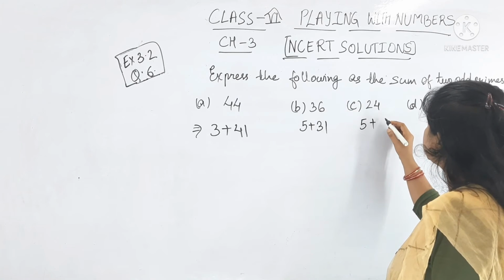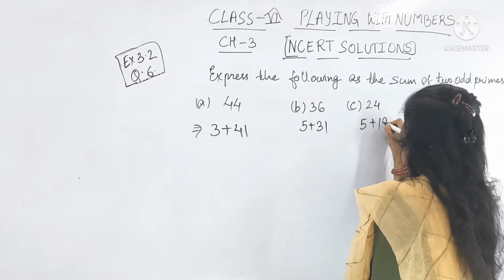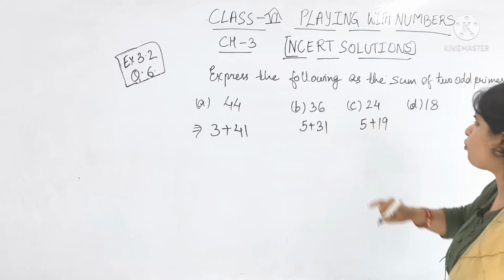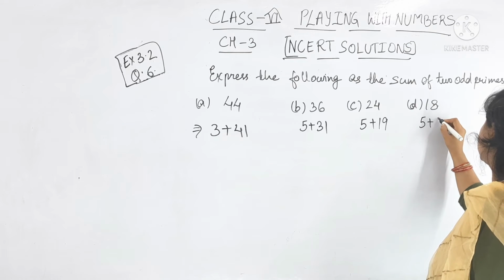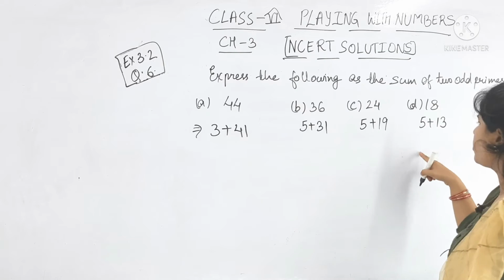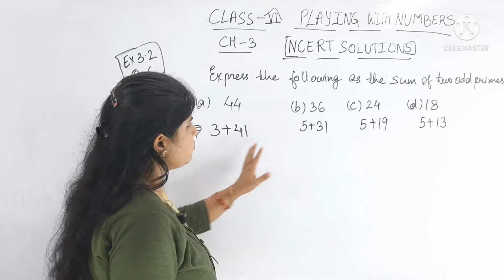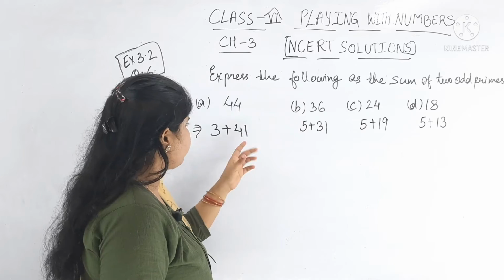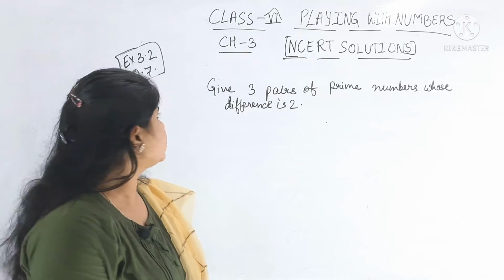Then 5 plus 19, and 19 is also an odd prime number. So 5 plus 19 is 24. Here 5 plus 13 is correct, the sum of two odd primes. For the following numbers, we have to write the sum of two odd primes.